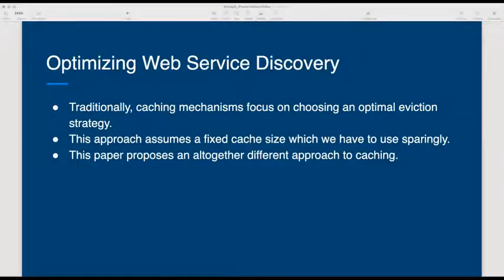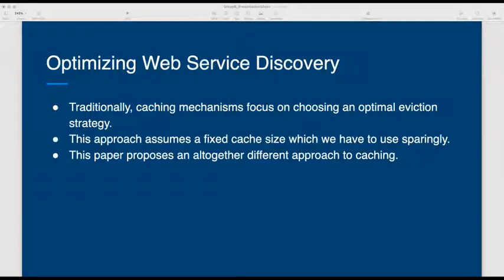In the case of web service discovery, caching not only reduces the user perceived delays, but also reduces the computational load and network bandwidth usage of the backend service discovery engine. Traditionally, caching mechanisms focus on choosing an optimal eviction strategy to remove the entries which have not been used often.